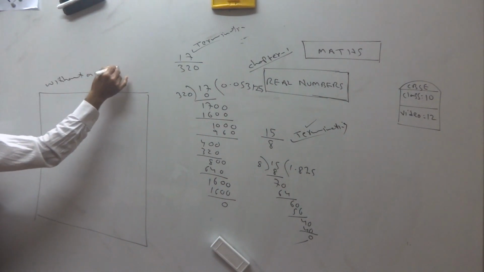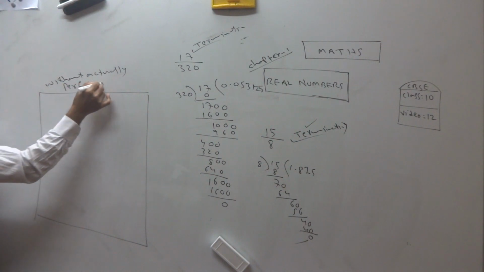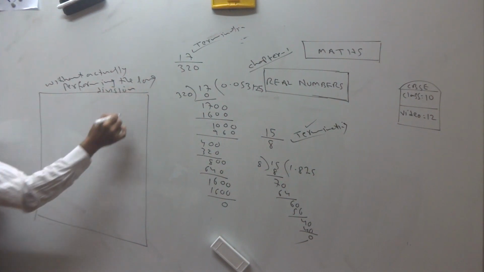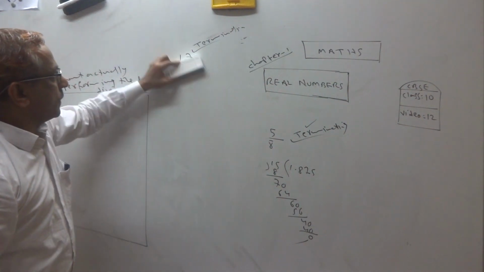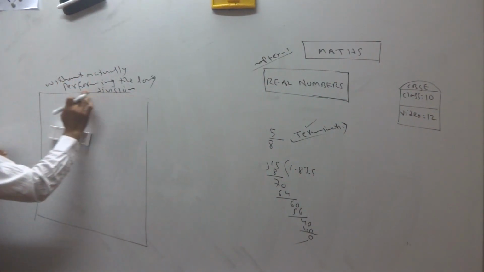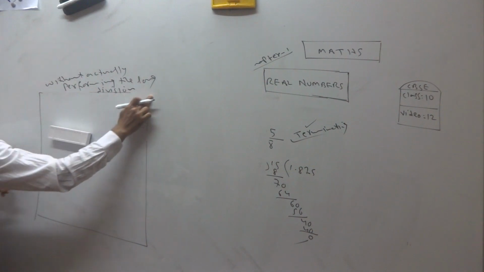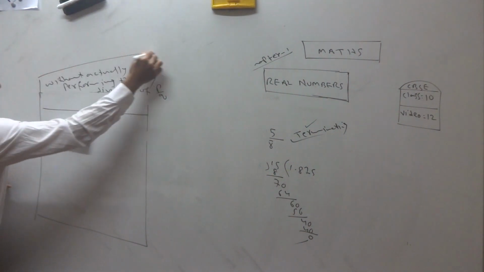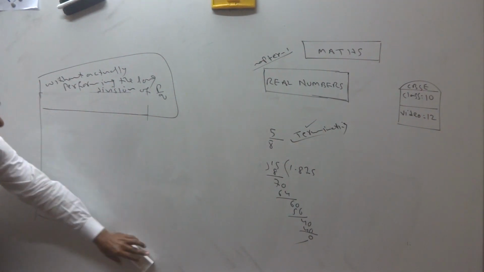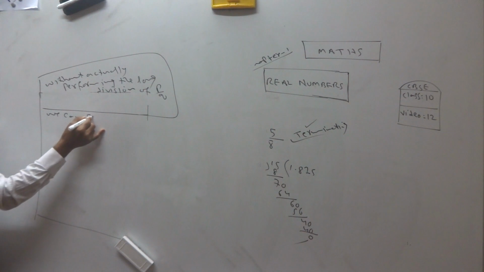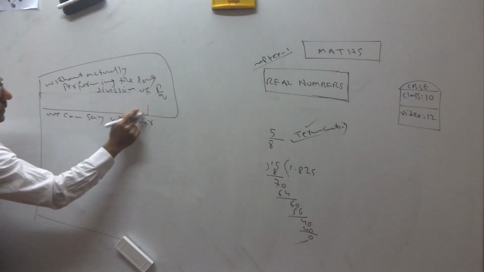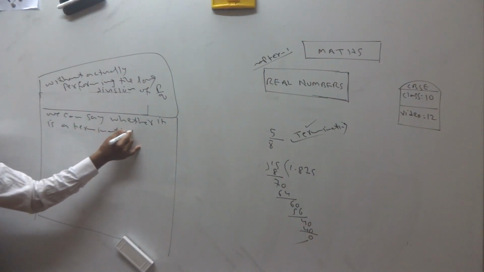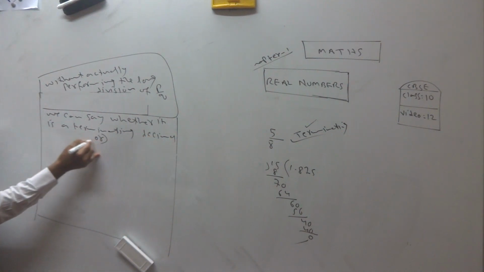Without actually performing the long division of P by Q, we can say whether it is a terminating decimal or non-terminating but repeating decimal.